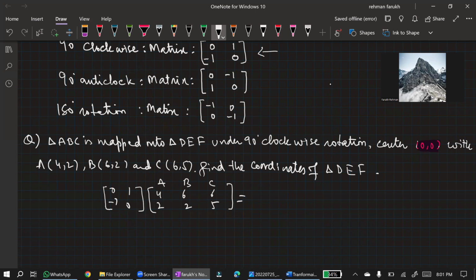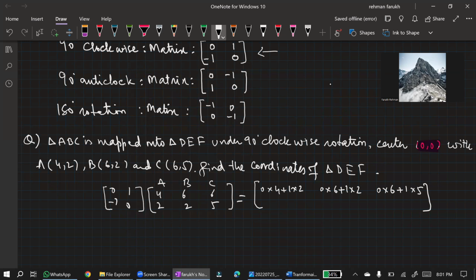Now we will multiply this matrix with A, B, and C using matrix multiplication. 0 into 4 plus 1 into 2. 0 into 6 plus 1 into 2. 0 into 6 plus 1 into 5.